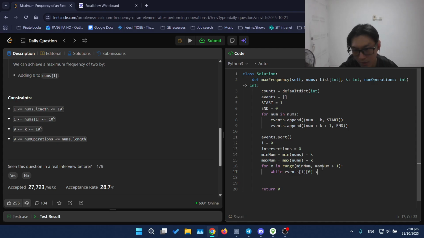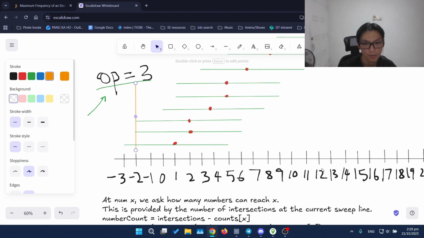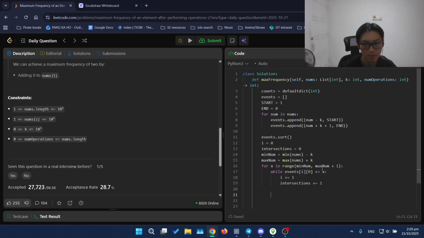When events of i is less than or equal to x, we say i plus equals 1, intersection plus equals 1. But when do we lose it?